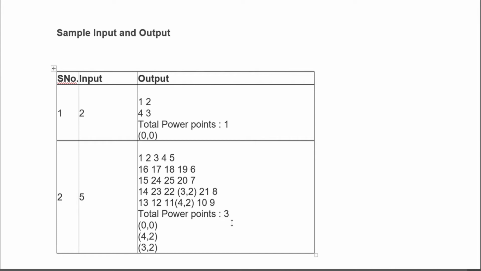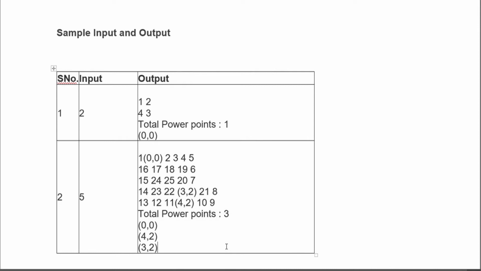He collects a total of 3 power points: the first at 1, that is 0 comma 0, then 11 at 4 comma 2, and then 22 at 3 comma 2, which is our third point.